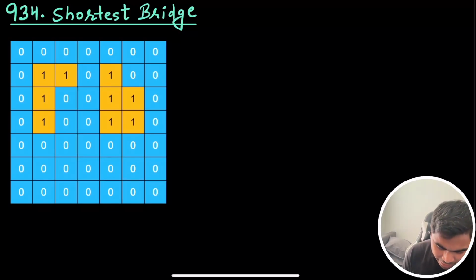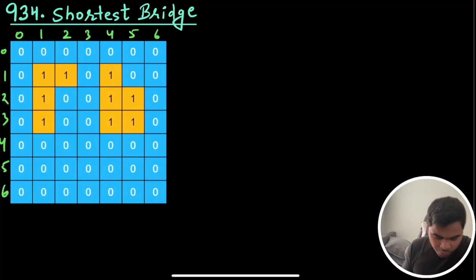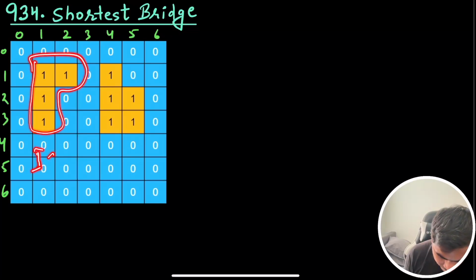Right now it might not be n cross n, so let's just count. 0 1 2 3 4 5 6, and 0 1 2 3 4 5 6. Wow, I didn't plan it that way. Awesome. So now we are given exactly 2 islands. This is island 1 and this is island 2.